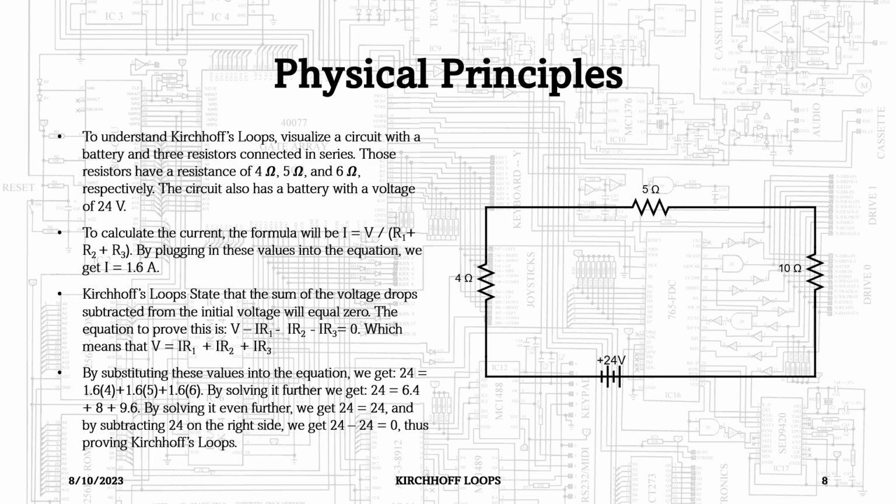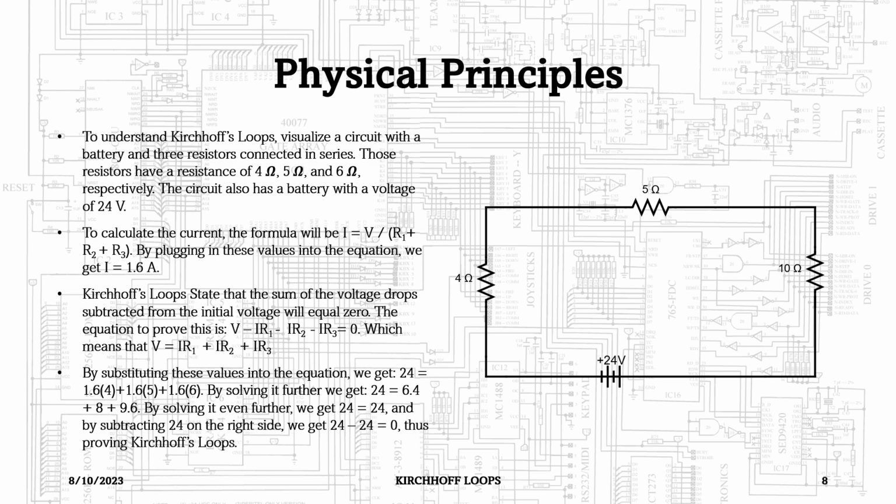To prove Kirchhoff's loops, let's use the equation V equals IR1 plus IR2 plus IR3. By plugging in our given values into this equation, we get 24 equals 1.6 times 4 plus 1.6 times 5 plus 1.6 times 6. By solving this out even further, we get 24 equals 24.